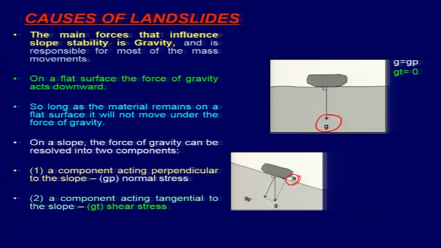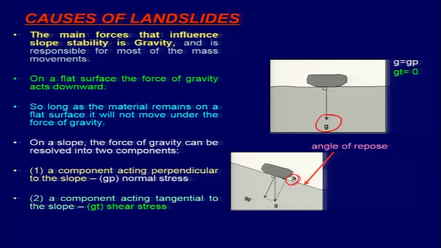If this becomes greater, then you are allowing the material to slip or slide. So if Gt, your shear stress, becomes greater, then Gp will reduce. If Gt is greater than Gp, then you are creating an ideal condition for the landslide.